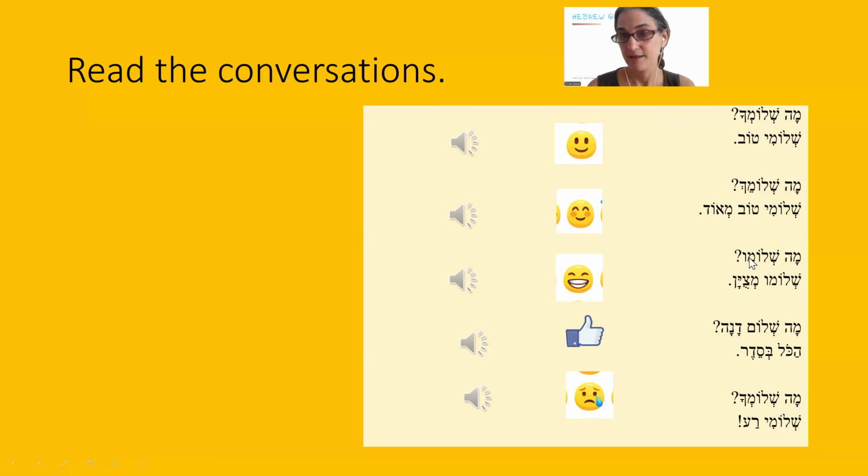How is he? שלמה מצוין. מה שלום דנה? How is דנה? הכל בסדר, הכל בסדר. מה שלומך? שלומי רע, רע, לא טוב, רע, bad. We can also say לא טוב, או ככה ככה, ככה ככה.